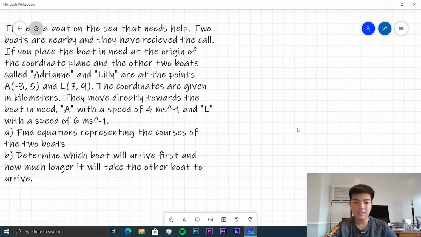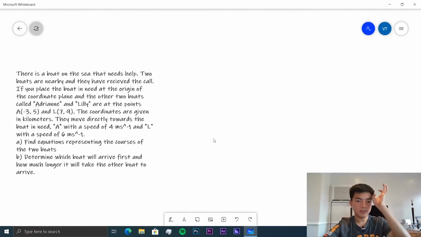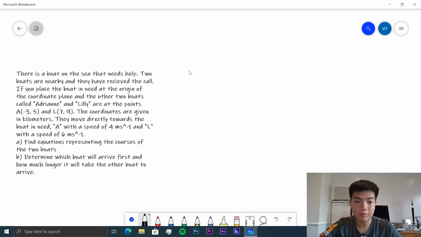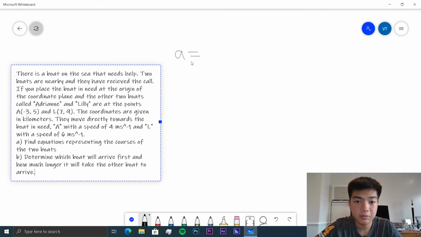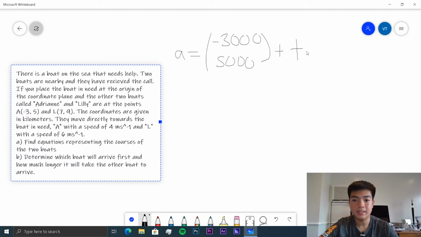Okay, so quite a long question. First, we need to find equations representing the courses of the two boats. Let's find Adrienne first, so let's represent it with the vector A. It's at (-3000, 5000), and with time t, in seconds, it will move with a speed of 4 meters per second towards the origin.